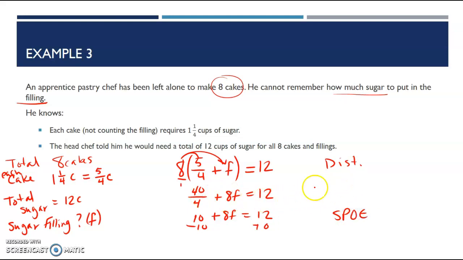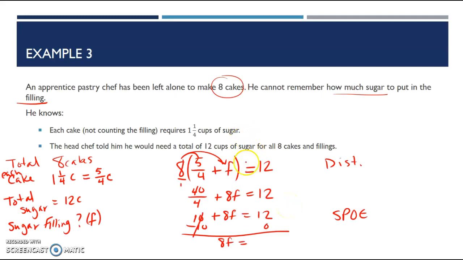So here I didn't do anything to both sides. I'm just simplifying that 40 divided by 4. So 10 minus 10 is 0, and we have 8F equals, minus 10, which leaves us with 2.